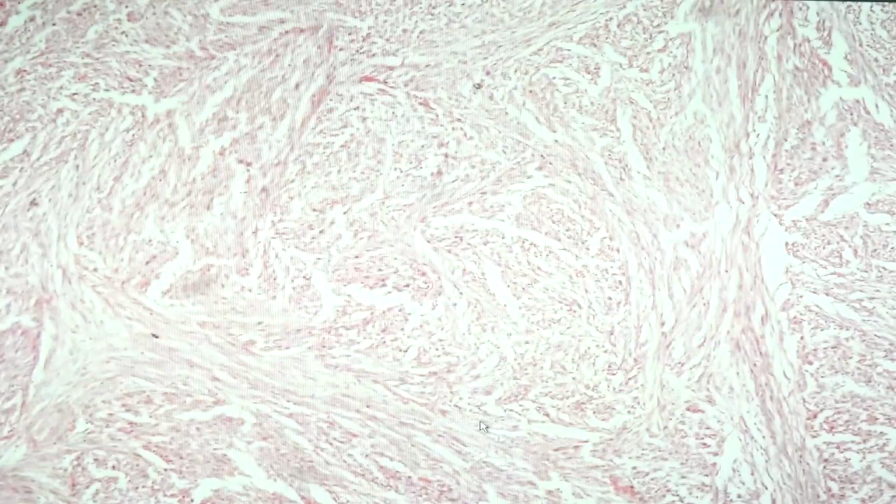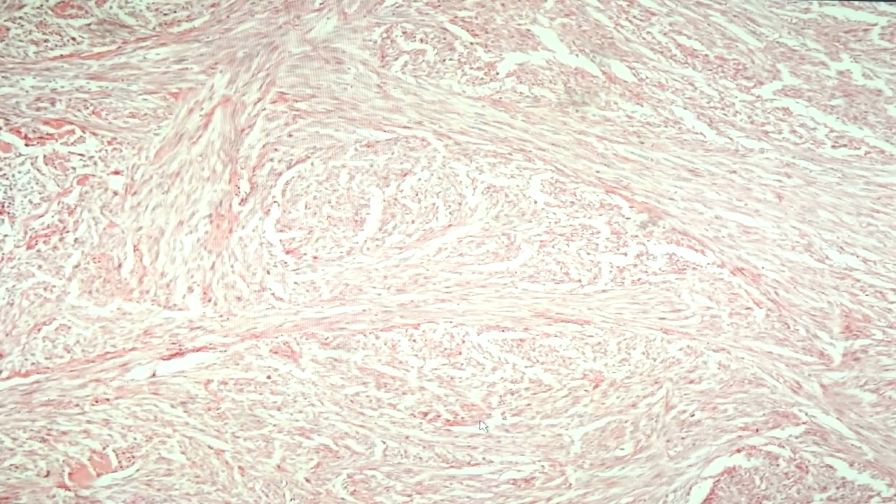Although sometimes it's very difficult to view them. Let's try to look for one. It would show interlacing fascicle formation, longitudinal, circular pattern, but this is more arranged in an array. There's this organization of that pattern.